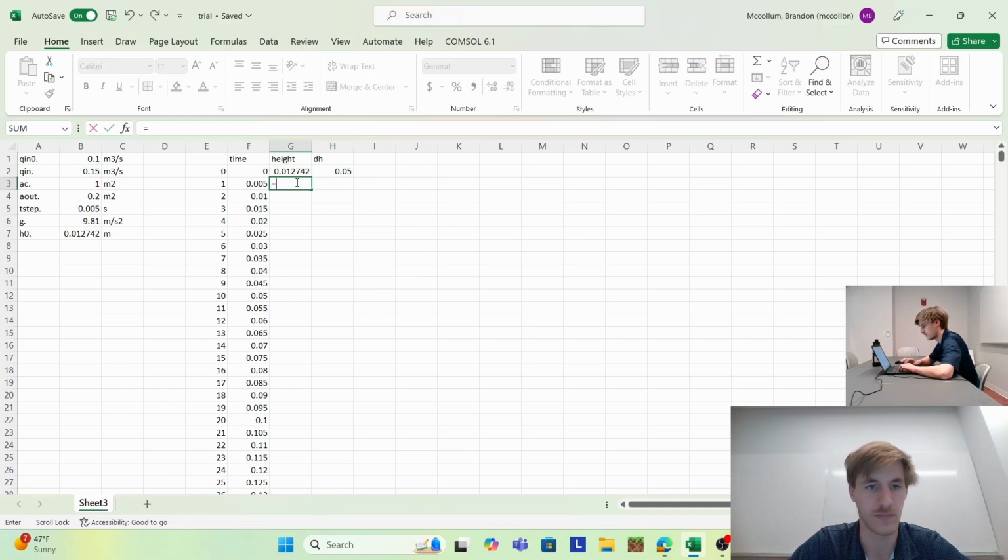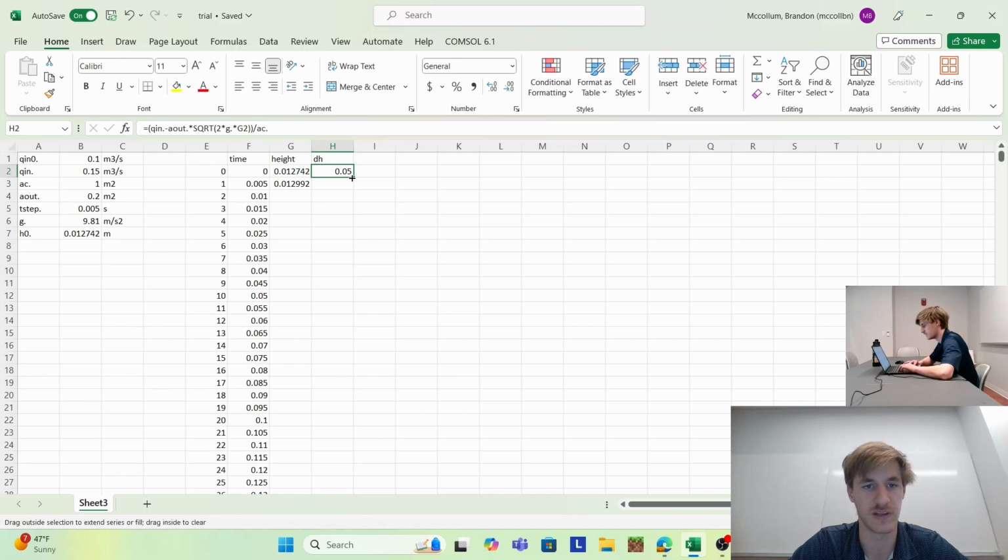And now our new height is going to be our old height plus our change in height times our time step.